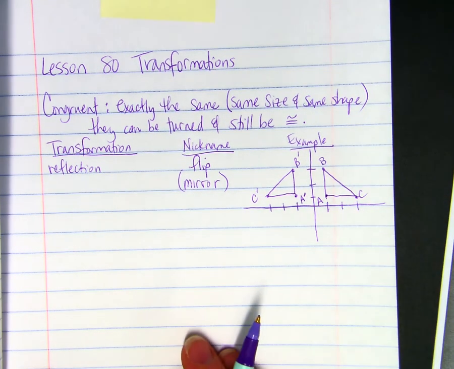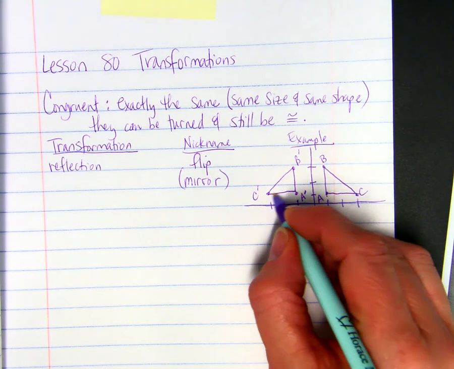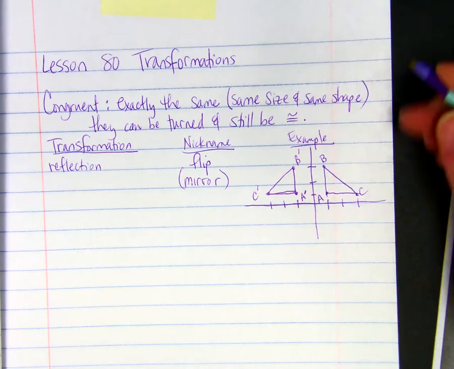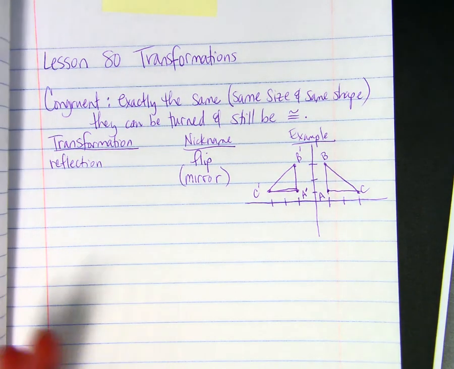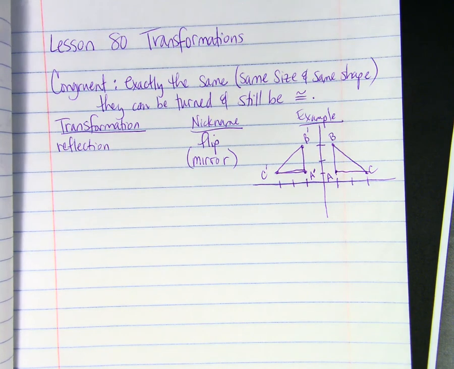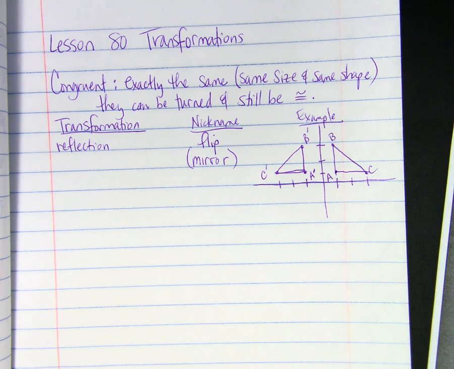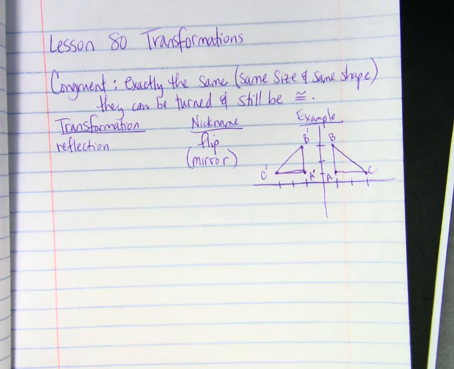So there's an example of a reflection. My coordinate plane doesn't look super awesome, but if you folded the paper right along that line, those two triangles would match up. Yeah. Can we use actual coordinate planes? Yes, you could, yes. Oh, you mean for your notes? Yeah. If you would like to.